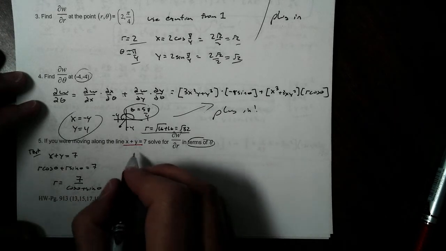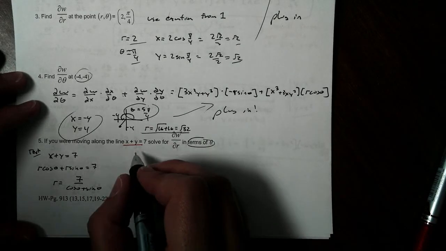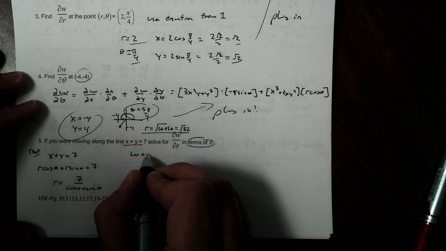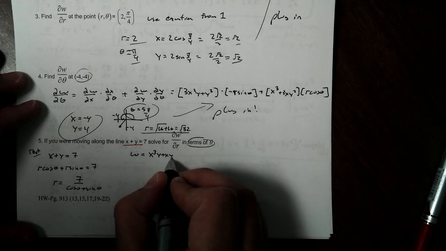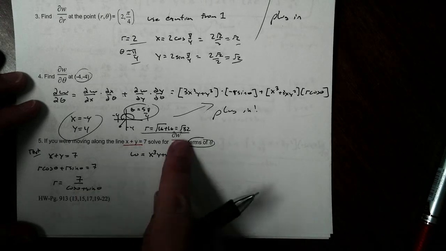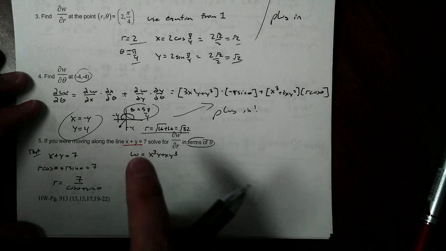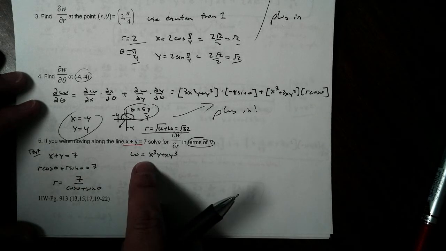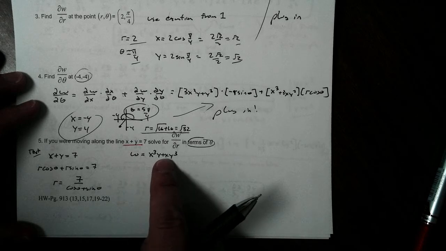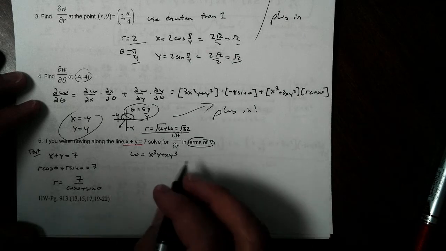Okay, and then I'm going to take the derivative. So let's find our derivative. We already remember w was equal to x cubed y plus x y cubed. I want to take the derivative with respect to r, so this is going to be our partial. Let's go ahead and convert this into polar using our little formula for x and y.